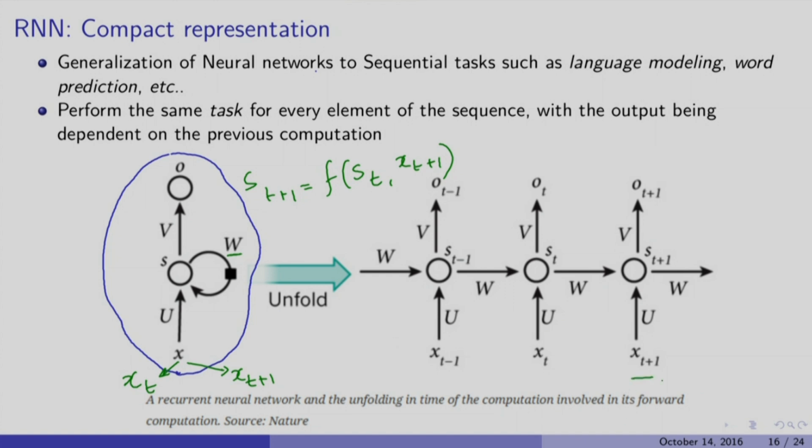Its dependence on xt is only indirectly through st. So what you see on the right is what we have been talking about as the functional property, or the functional characterization, and what helps you achieve this functional characterization is the structural property.